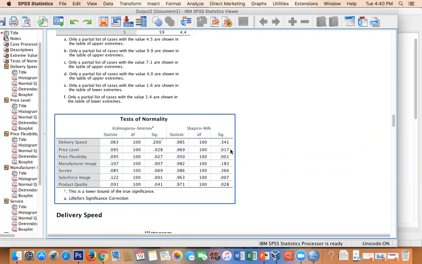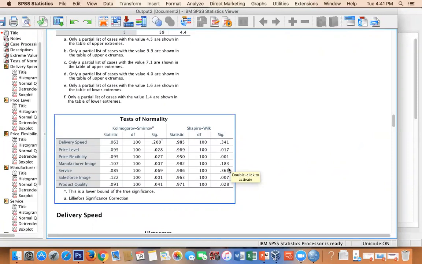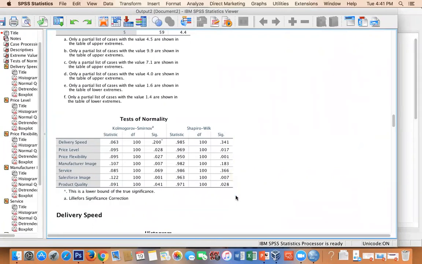Now this value should be greater than 0.05. So in essence, you'll see price level, price flexibility, and sales force and also product quality are not normal. I repeat, these 4 variables are not normal.